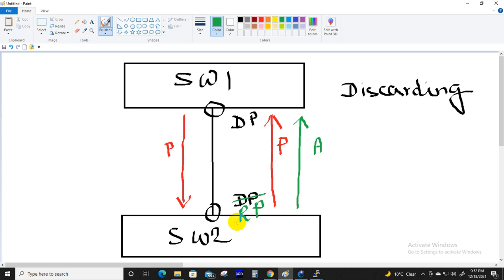The switch which receives the superior BPDU now performs synchronization. What is synchronization? Suppose these are two other links of switch 2.